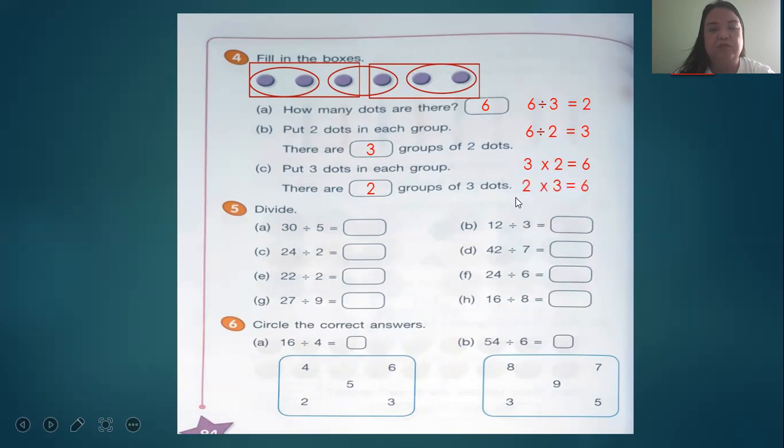Or 2 groups of 3 equals 6. So what do you notice? So division is the inverse or opposite of multiplication. It looks like they switch, right? So, in division and multiplication, you can relate them as inverse processes. Okay, so take a look at it.